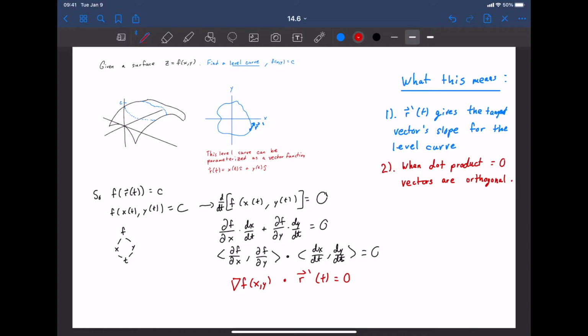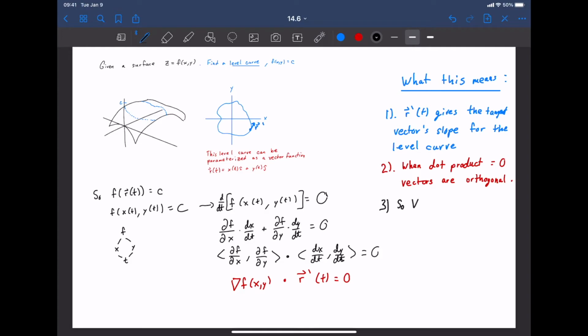So therefore, what is the gradient vector giving us? What vector is orthogonal to the tangent vector? And this might, you go back one page in the slides, go back one page in your notes.